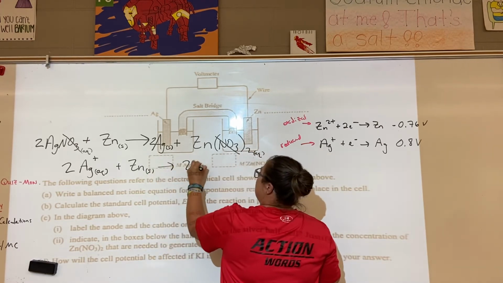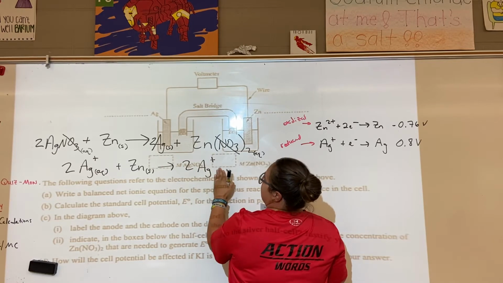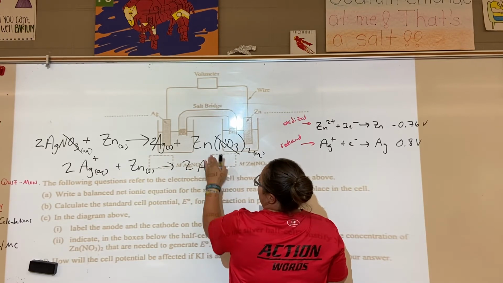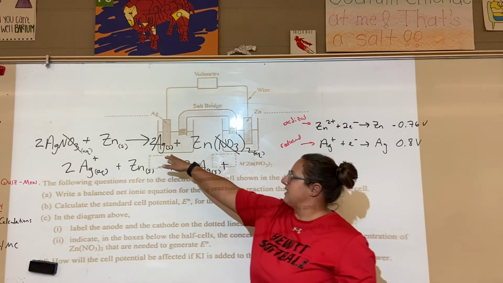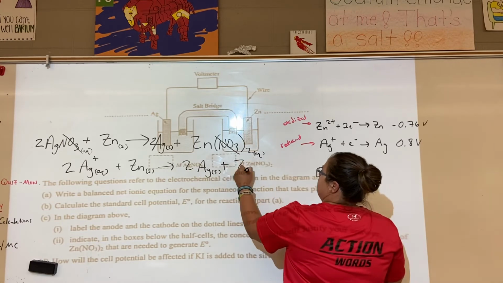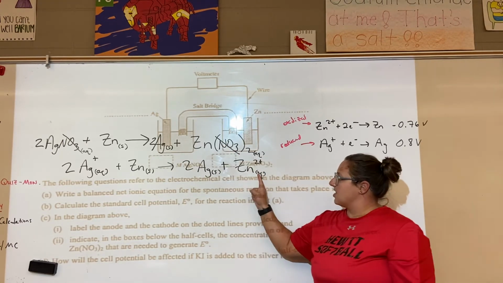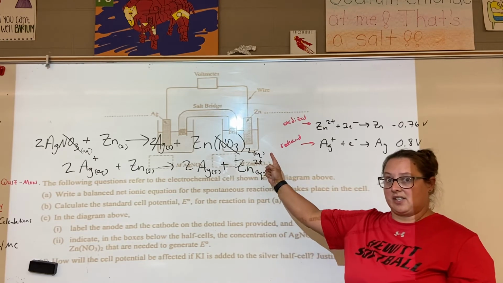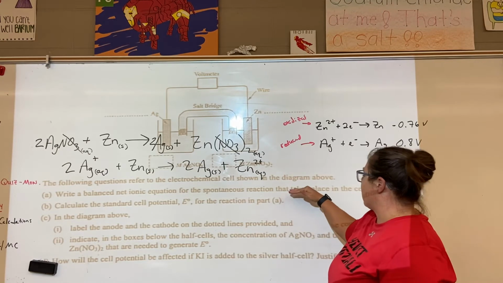Yields 2Ag, that is a solid, that does not get a charge because it's a solid, plus Zn2+ aqueous. This does get a charge because it's aqueous. All right, so this would be my balanced net ionic equation.